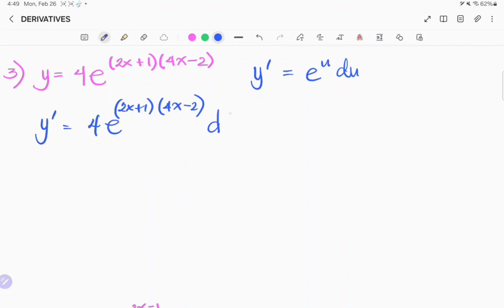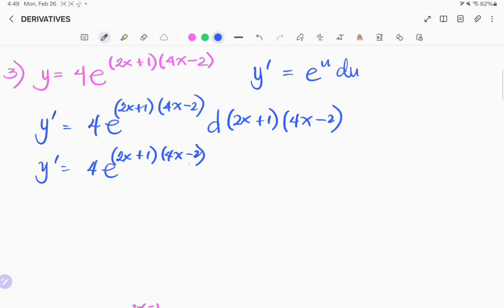So our u is 2x plus 1 and 4x minus 2. As we take the derivative of these two quantities, take note that this is a product, so we have to use the derivative of a product in order to derive these two quantities.